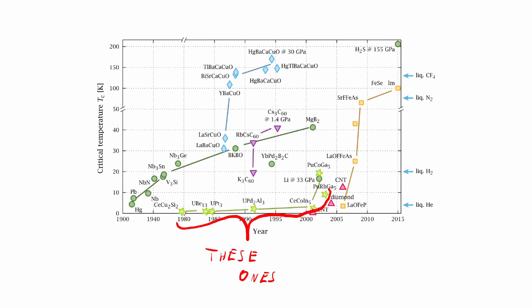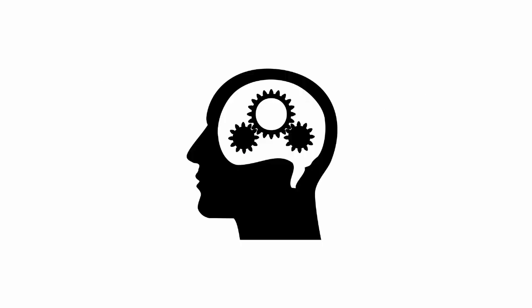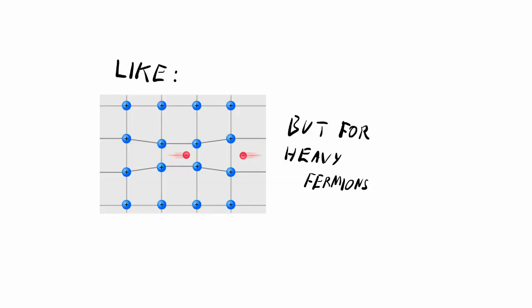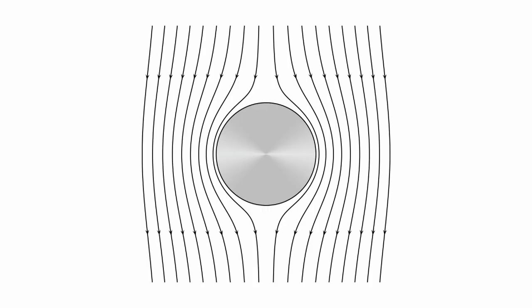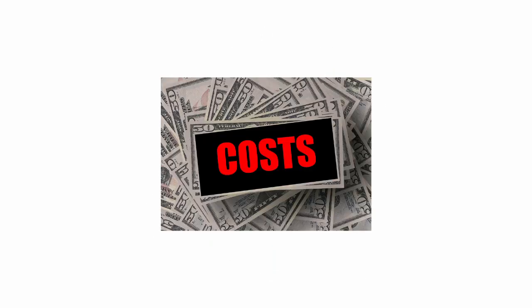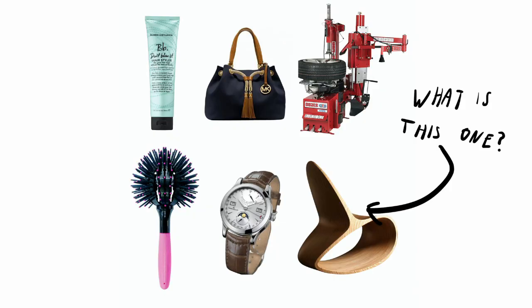This has led to new theories being developed to explain how coupling between electrons can form, despite the magnetic impurities, to produce a model similar to the Cooper pair model. To be clear, this is actually the primary use of heavy fermion materials. Just like superconductors, their unique properties only come into effect at extremely low temperatures, meaning the costs of maintaining those effects in a commercial product are prohibitively high.